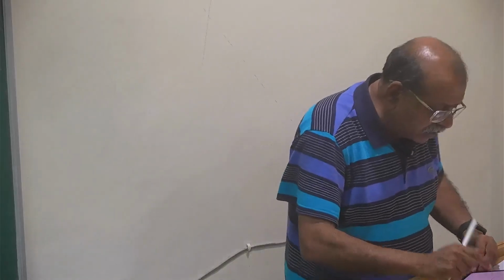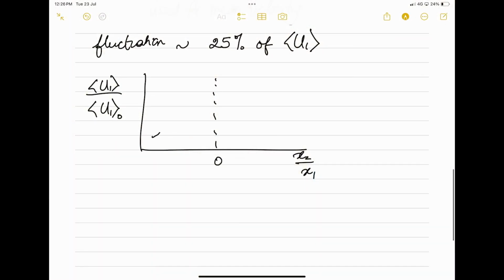At what value of x2? At x2 equal to 0. At the center line, you will expect the velocity to be maximum, and then it trails out, and that is what we find, that even in the turbulent flow, this velocity graph, maybe the shape is not exactly the same, but it has this sort of a shape.